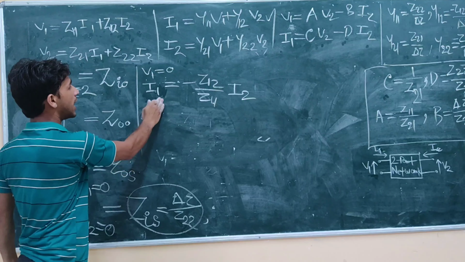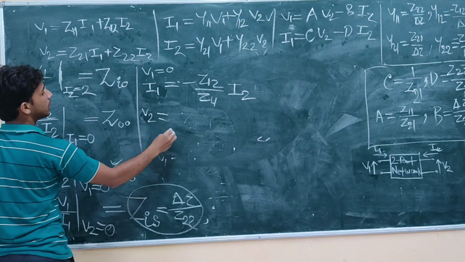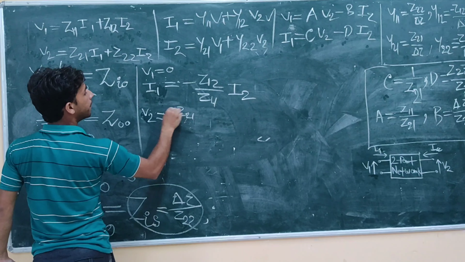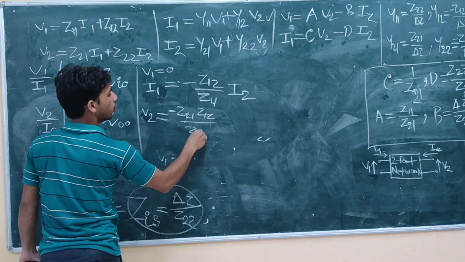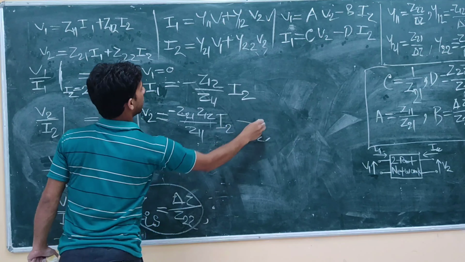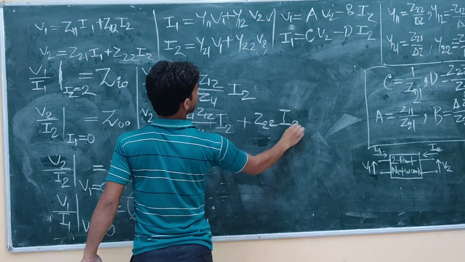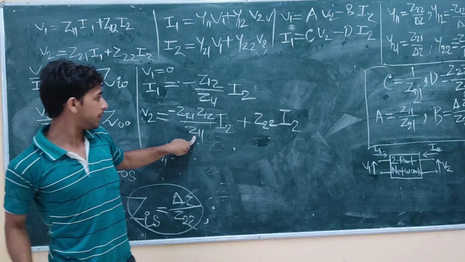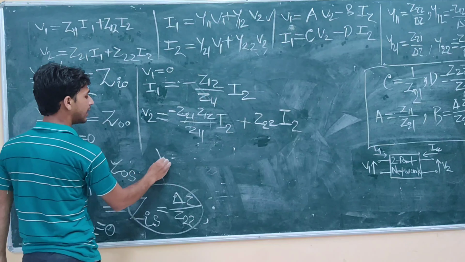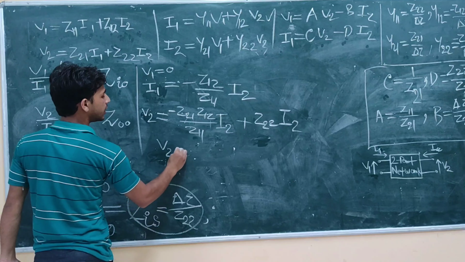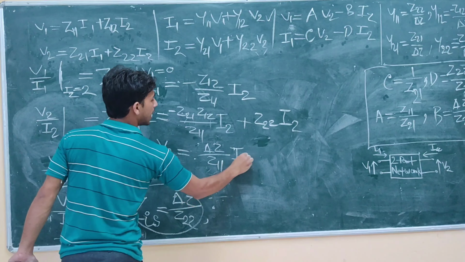So if you put this I1 value in this second equation, you will get V2 equals to Z21 times minus Z12 divided by Z11 I2 plus Z22 I2. Now this Z11 will be multiplied with Z22 if you take the LCM and do the math. So we have the value of V2 equals to delta Z divided by Z11 times this I2.